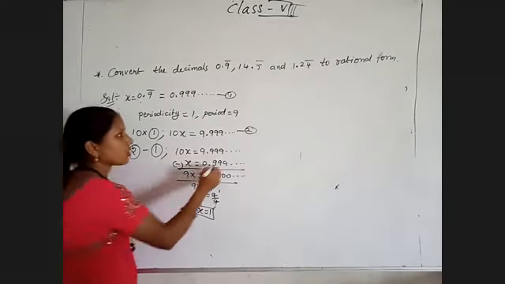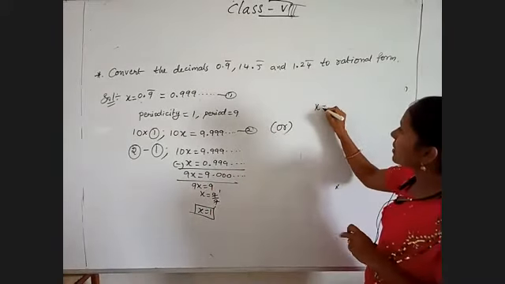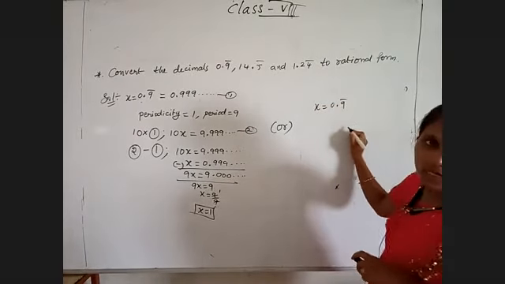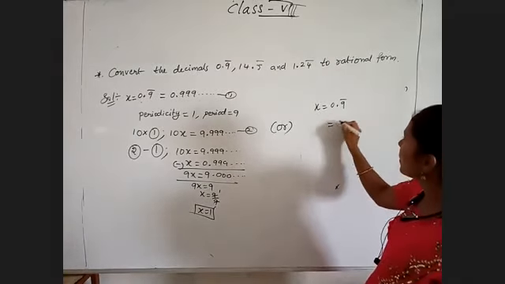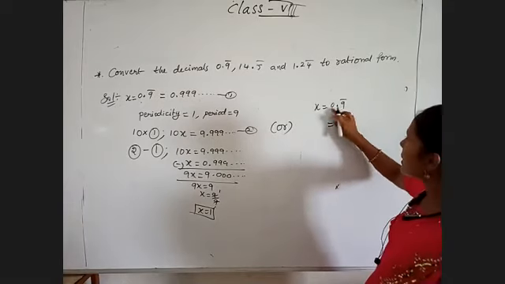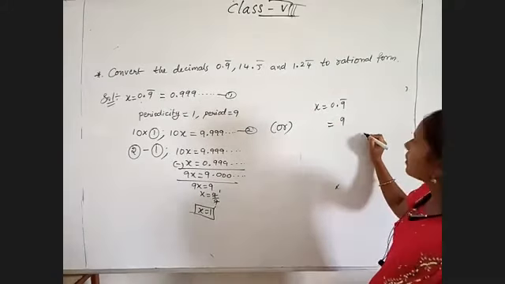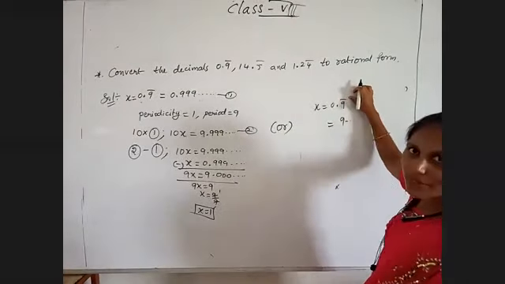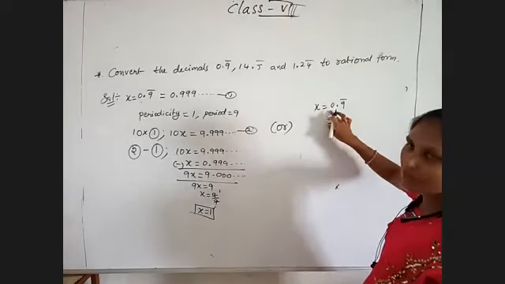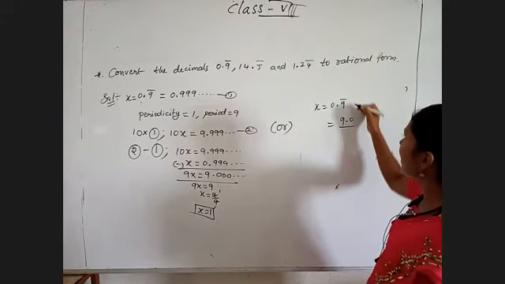This one we can do by the shortcut method also, as I told you before. Let the given number be x is equal to 0.9 bar. In the shortcut method, we first write the complete number, that is 09, which is nothing but 9 itself. Minus the digits that are not repeating, those without the bar, which is 0, divided by the number of digits under the bar.